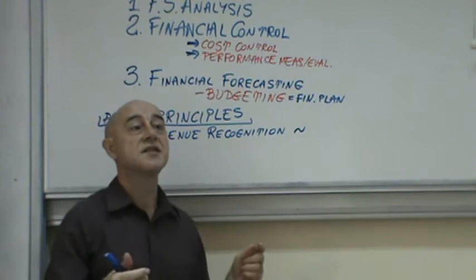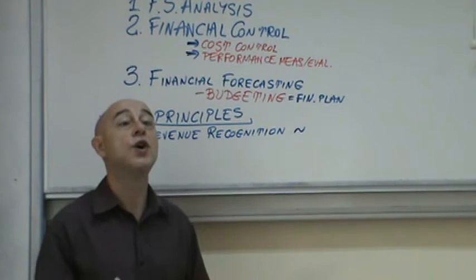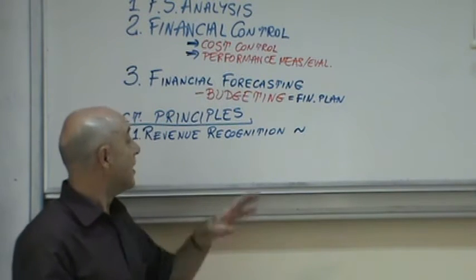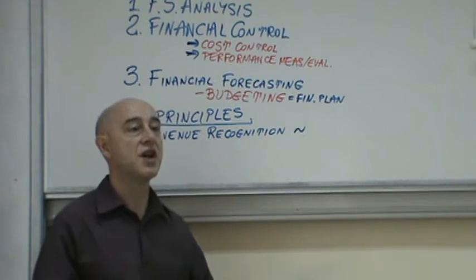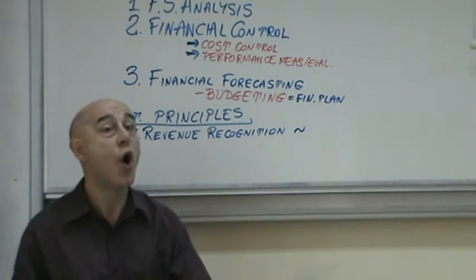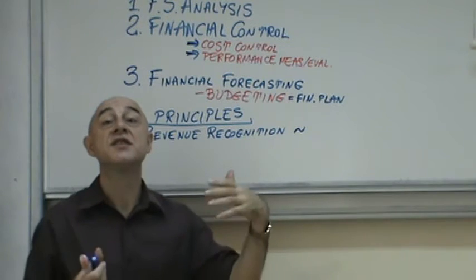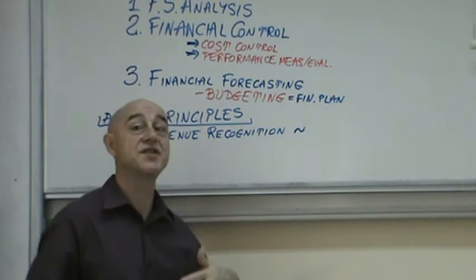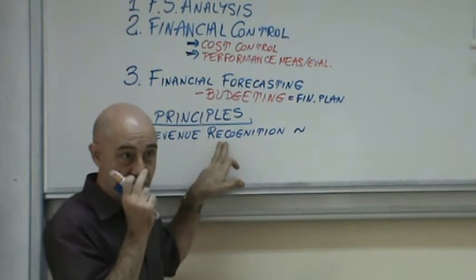It's very simple. You recognize revenue when you earn it, when you actually make it. It basically means after you deliver the product or after you deliver the service. So you first deliver the service. When the service is complete, then you recognize revenue.